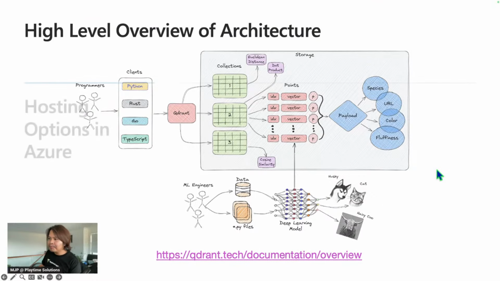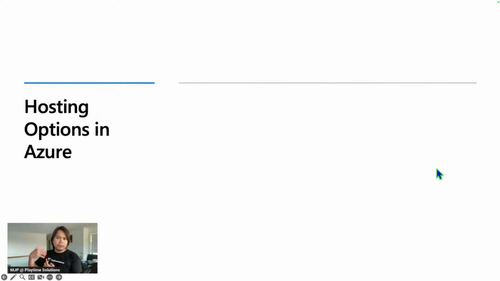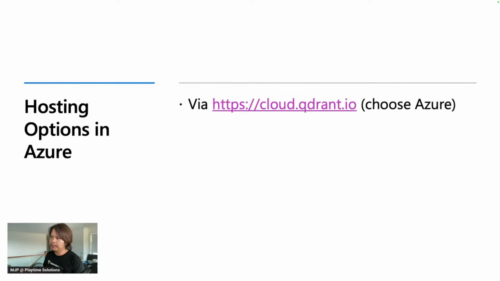Okay, so now with Qdrant, there are a bunch of different hosting options out there in Azure. The first option is to use cloud.qdrant.io. Qdrant as a company, again, I think there are three layers here. It gets confusing as well, like OpenAI.